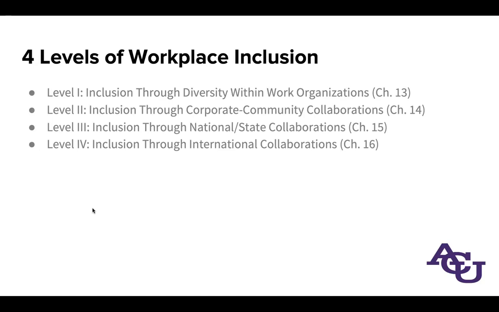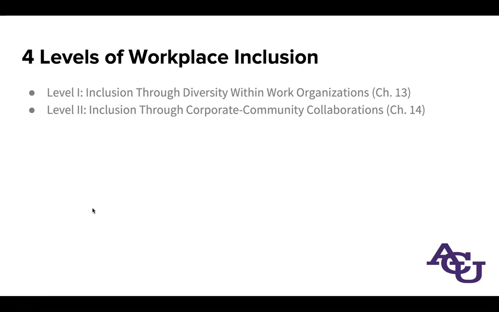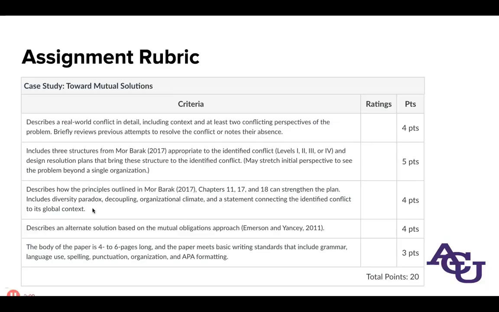Now, you might note from looking at the assignment instructions, the rubric, that these levels are described in detail in chapters 13 through 16. And if we look at the instructions here for the third item in the rubric, it's talking about using principles in chapters 11, 17, and 18. So make sure that you check those chapters and make sure that you are, in fact, using material from them when you get to that section.